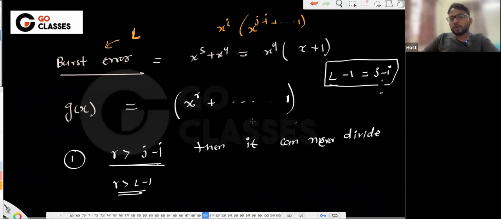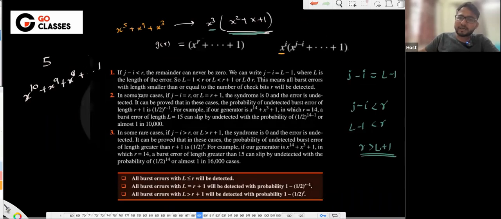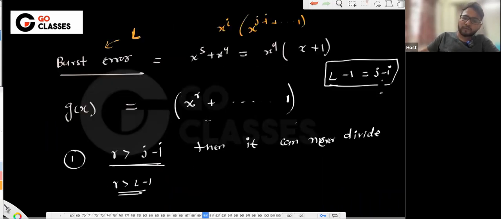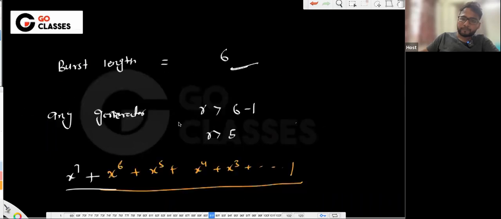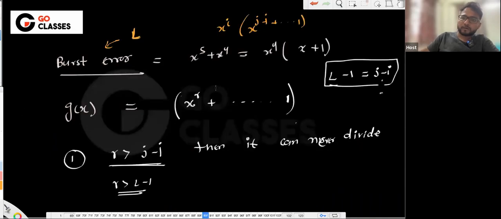Under what condition can the generator also not divide this j minus I? This is what we want to analyze. The second case says that in some rare cases, j minus I equals R. Let's take the second case: j minus I, this one, x is equal to R. Suppose this is plus x cube.